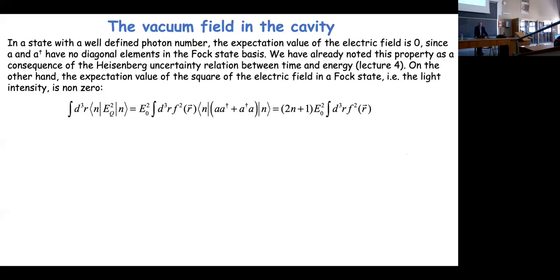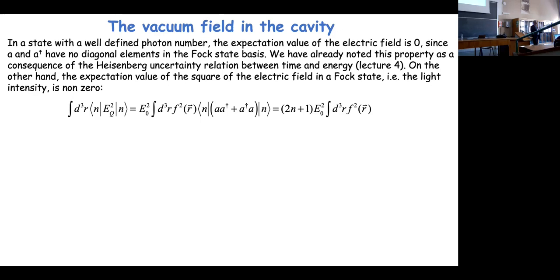So let's now try to describe the vacuum field. In fact, I remind you that when we described the Heisenberg uncertainty relations, I told you that if a field has a well-defined energy, that is a well-defined photon number, it cannot have a well-defined phase, because this would violate the energy-time uncertainty relations. And this appears here clearly.